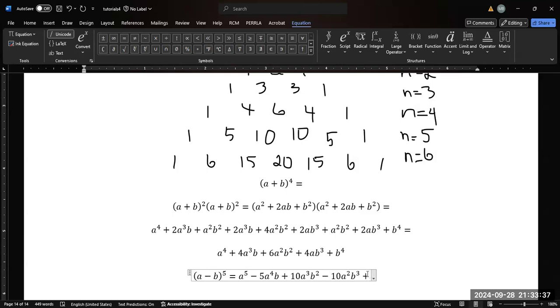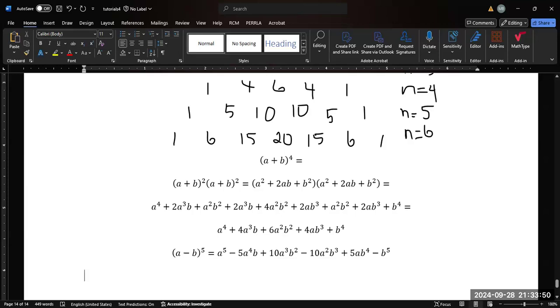And then plus 5ab to the fourth, so back to positive because b is an even power, and then minus b to the fifth. So again, if you wanted to verify, you could redo this with a minus b. So you would flip this sign, flip that sign, and then multiply by a minus b one more time. And you should get exactly this answer.